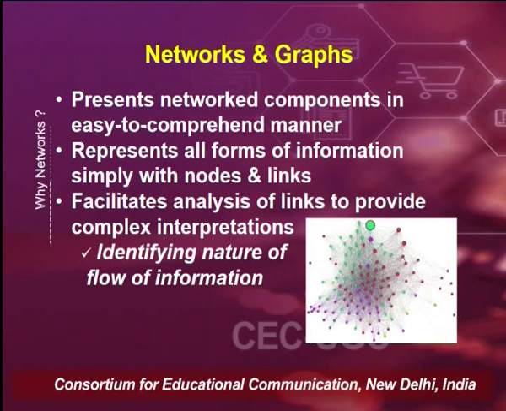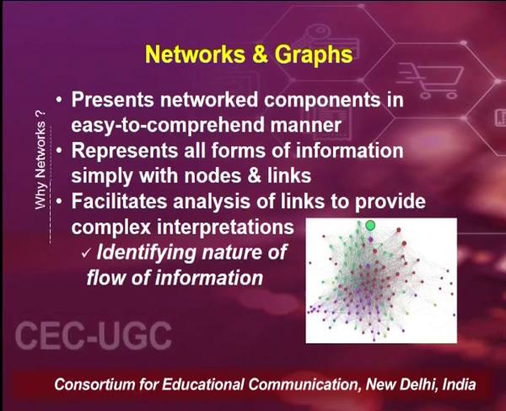Okay. Now, next is what these networks and graphs represent, and why we study network science for understanding applications and building sustainable solutions for them. So the thing is, why networks in the first place? Networks present interconnected components in a very easy to comprehend manner.